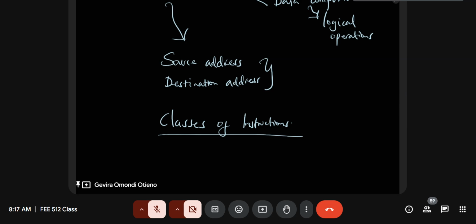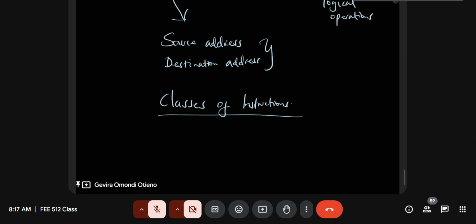These instructions that operate on groups of data can operate on two classes: one, on word data, or they can operate on file data. So these are just two types of data instructions that we are working with.